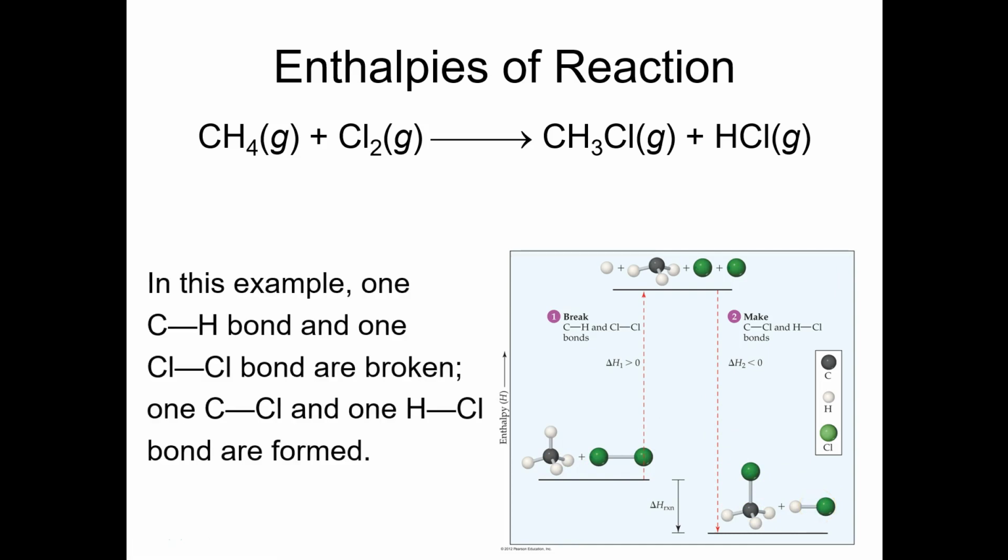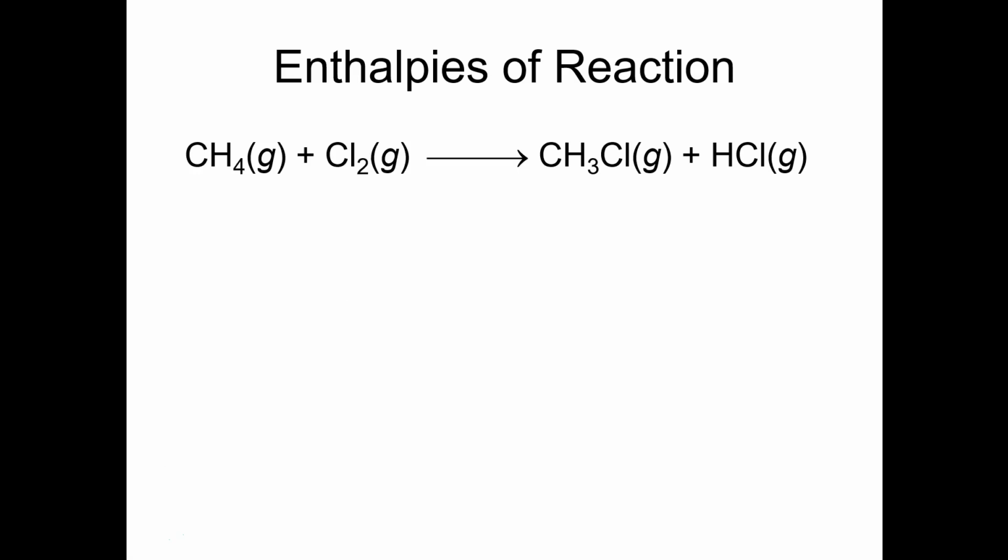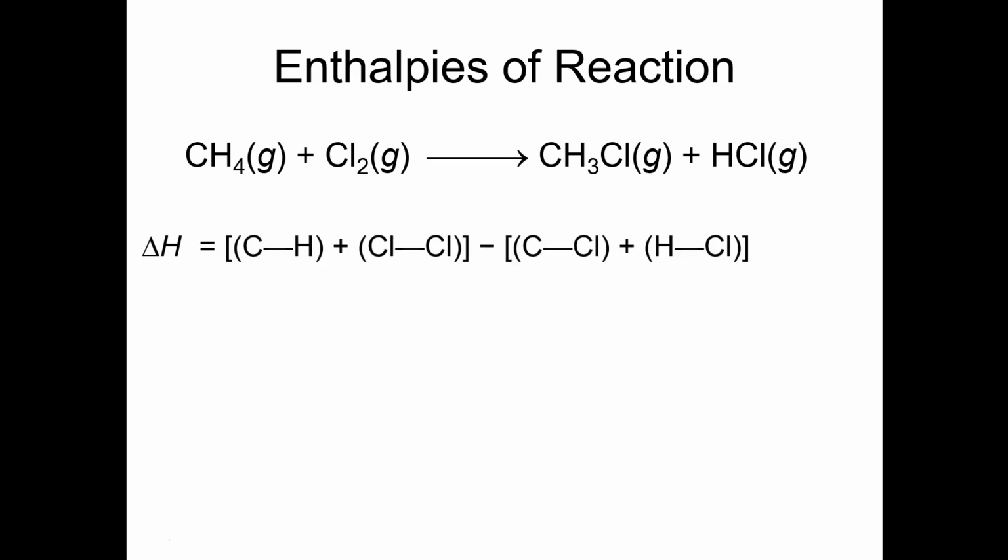Okay, so let's check the energetics of that. The delta H for that reaction is going to be the sum of the energy that's required to break a CH bond and a Cl-Cl bond, minus the sum of the energy that we're going to get back by forming a CCl and an HCl bond.